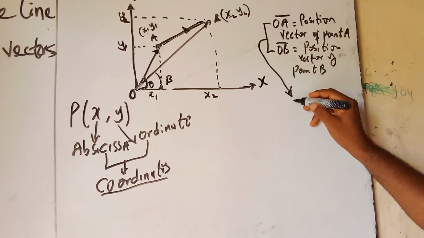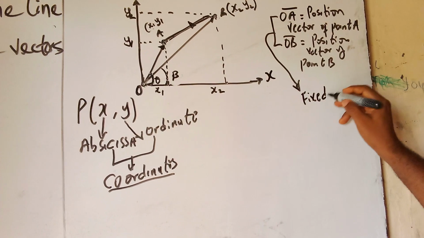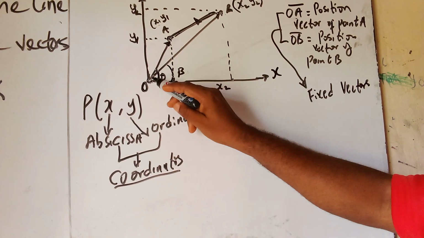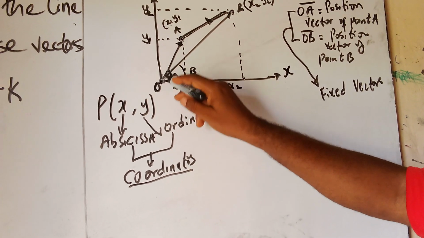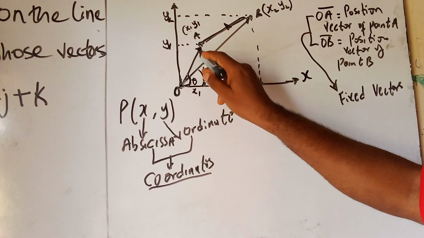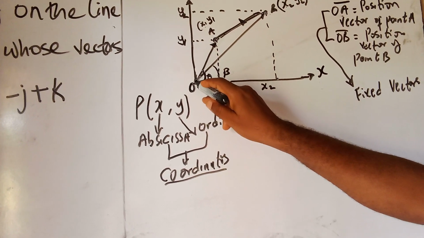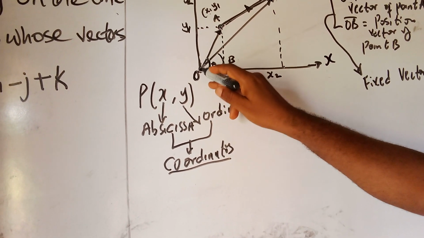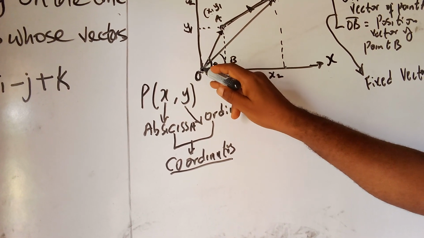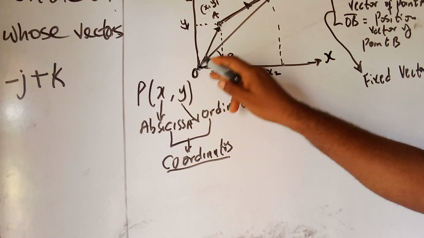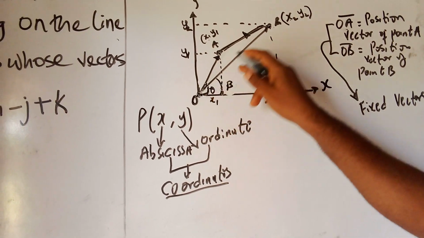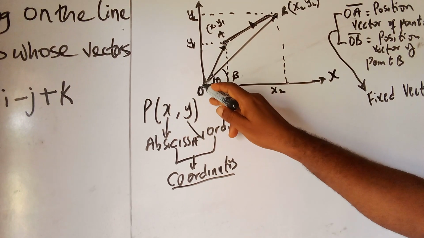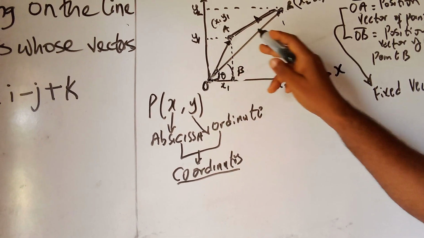They are known as fixed vector or position vector. Fixed vector in the sense that their tails are tied to the origin, because the bottom of vector A is the tail and is at the origin. The bottom of vector B is the tail and is also at the origin. Because the tails of vector A and of the vector describing position B are at the origin, they are known as fixed vector or position vector.